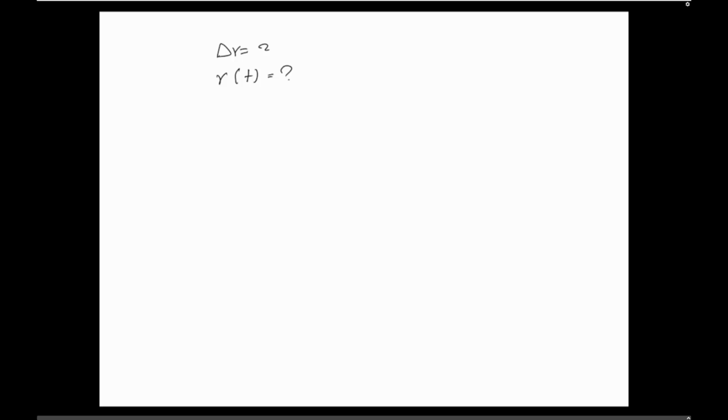So in order to get r as a function of t, what we're gonna do is, if we have a point and a slope and we want to find the equation, we're gonna implement that formula.